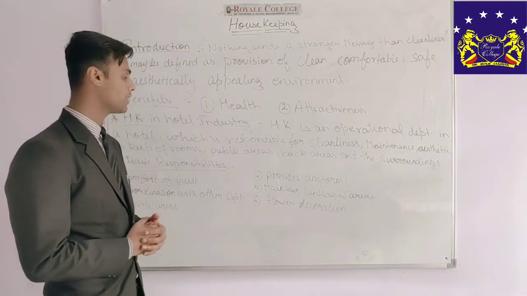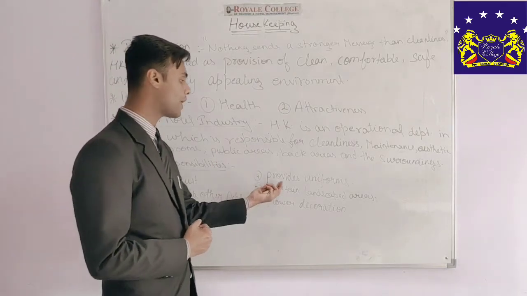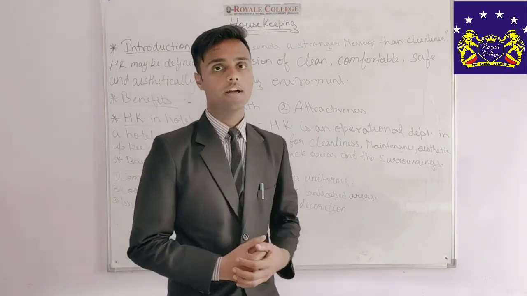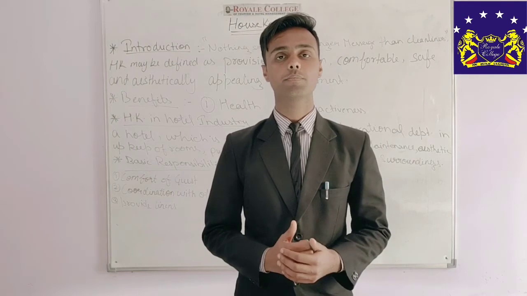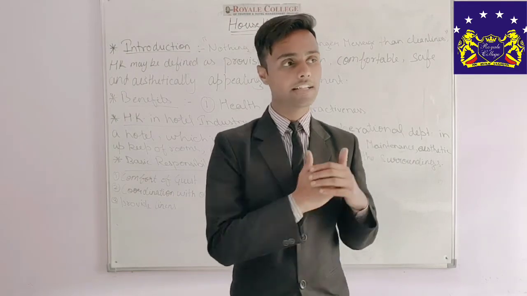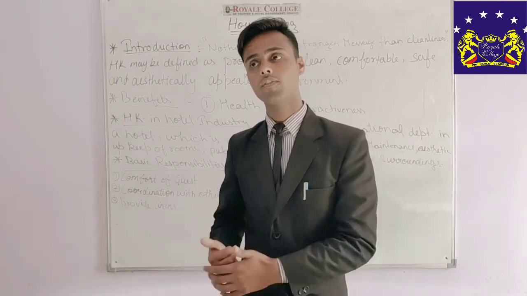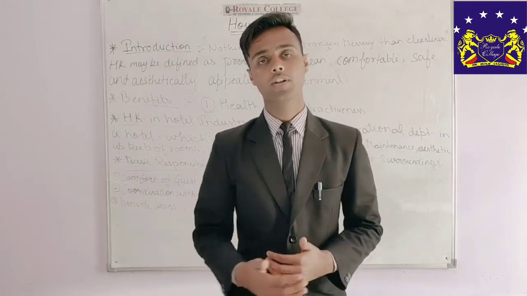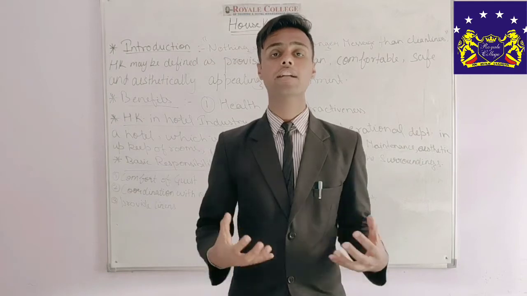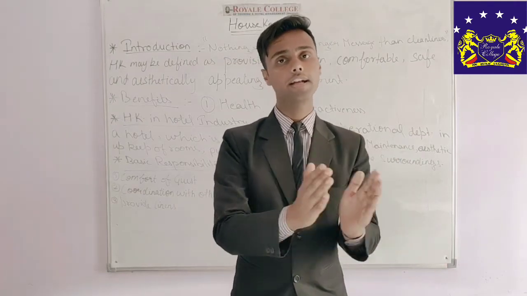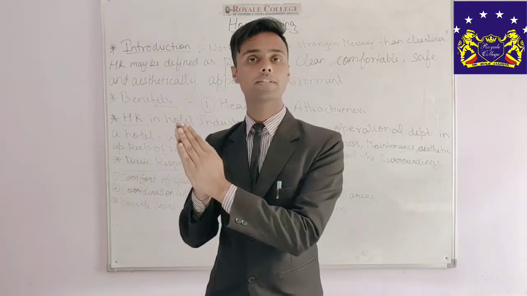Now we will go on to the fourth point, which is provide uniform. A uniform is something that makes you differ, that makes your individual identity in a place. Just like I have told you, there are several types of uniforms for different departments in the hotel.